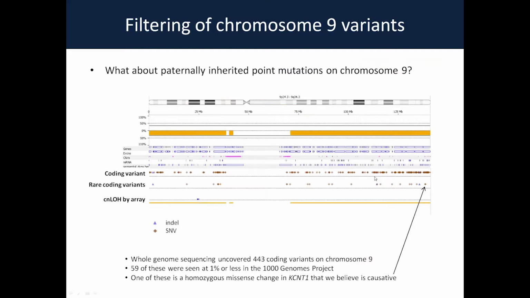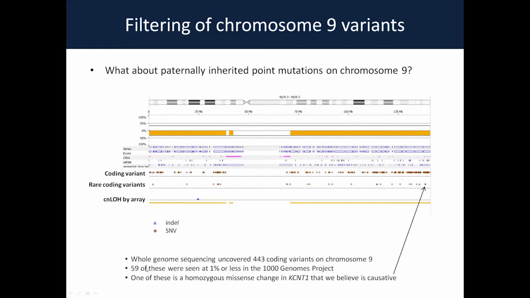So then we go to the whole genome sequence data and look at all the point mutations and indels along chromosome 9, and so we found 443 coding variants along this chromosome. 59 of these were seen at 1% or less frequency in the 1000 Genomes project.